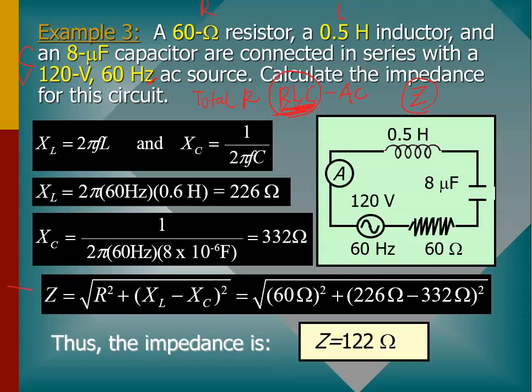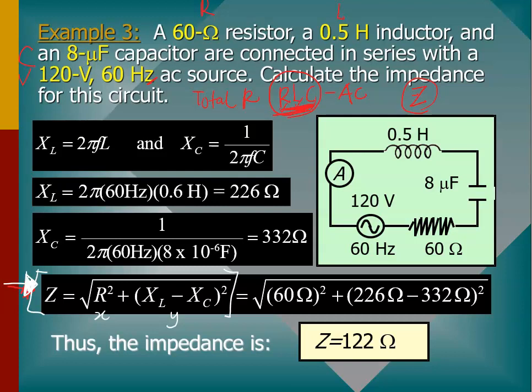Let's see the final equations over here at the bottom. Wait, I need to change the ink of my pen first. So as you can see over here, the final equation, this is the equation of impedance. Impedance can be calculated by using this equation, which is equal to the square root of R squared, this is the x-axis, plus the y-axis, where in the y-axis you have two resistances, which is XL minus XC, squared.